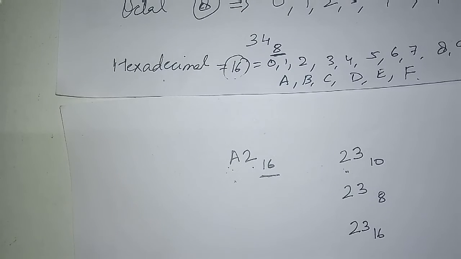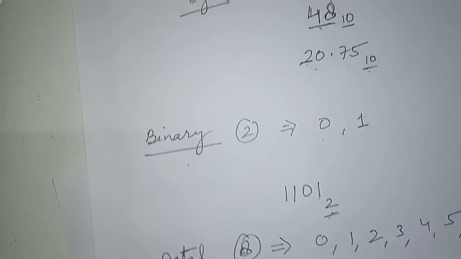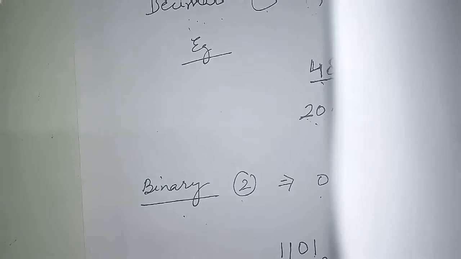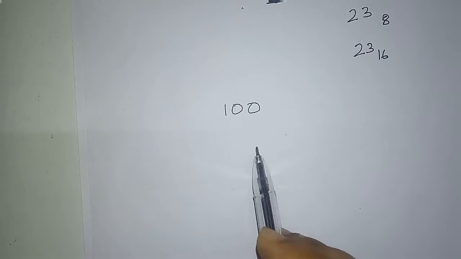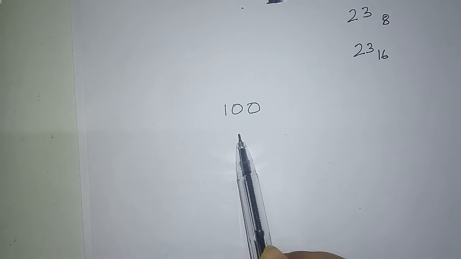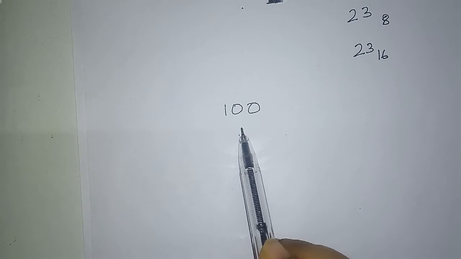This is explained in your book also with the number 100. Number 100 can be used in the decimal number system, in the binary, in the octal, as well as in the hexadecimal.